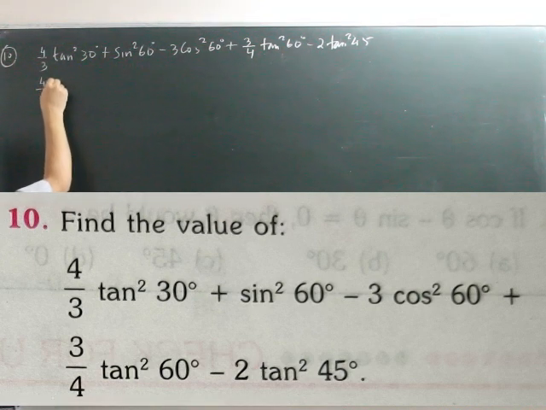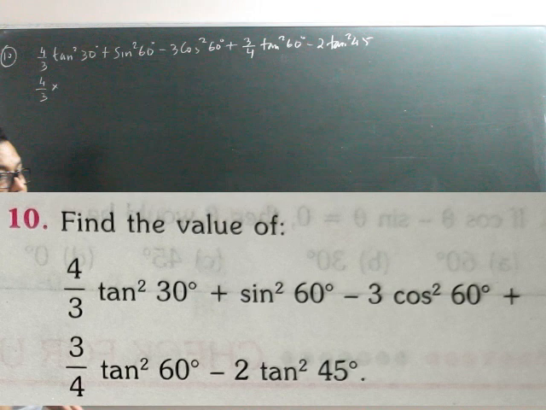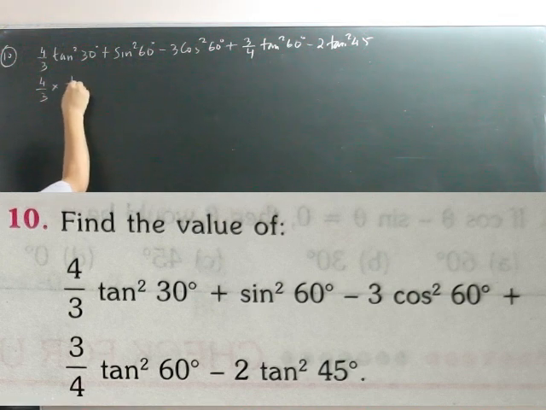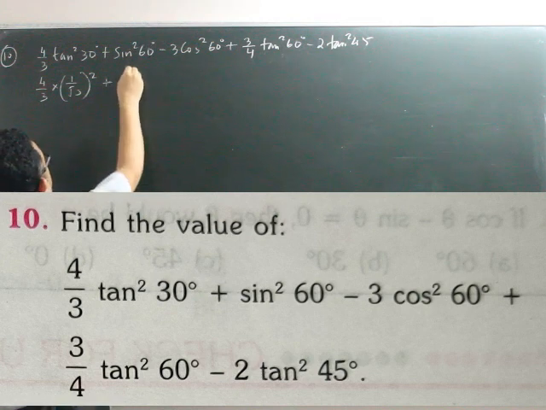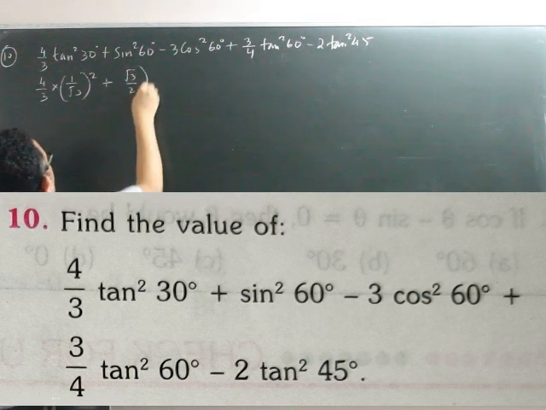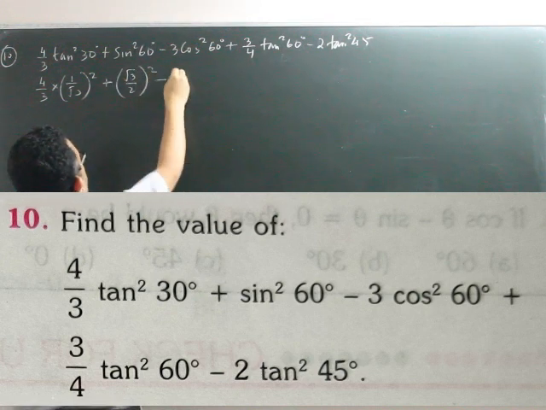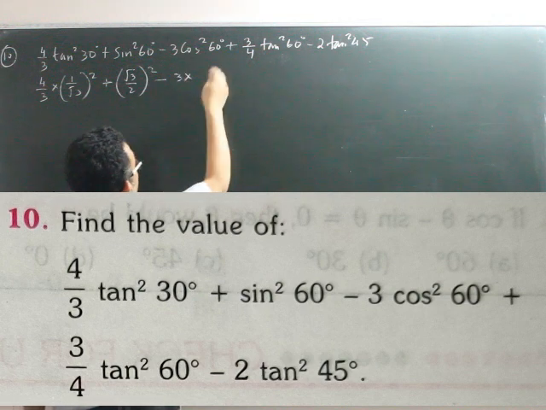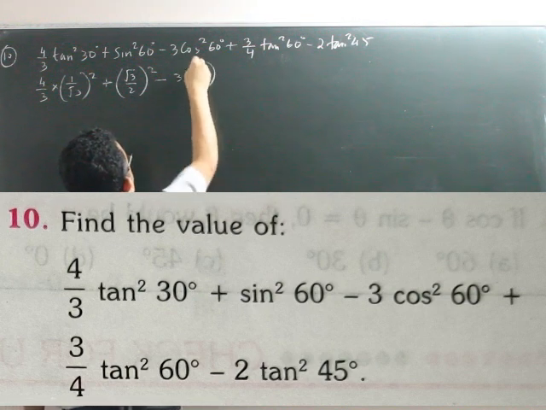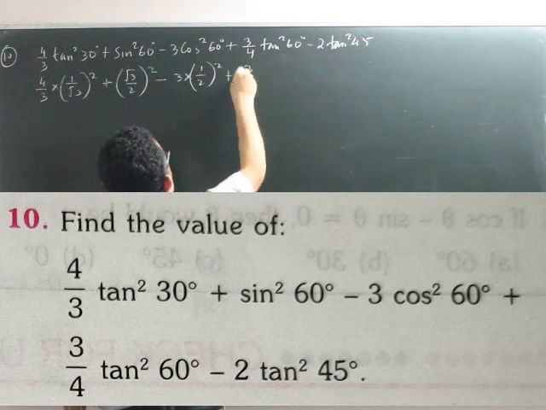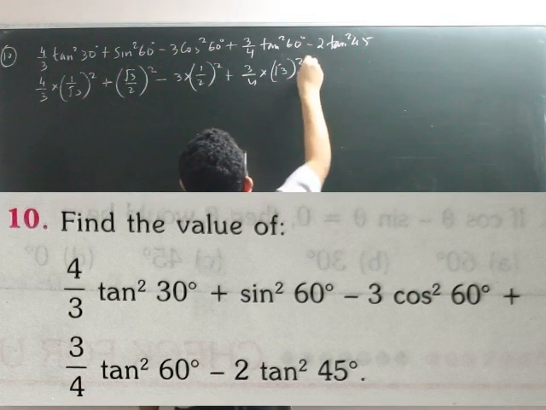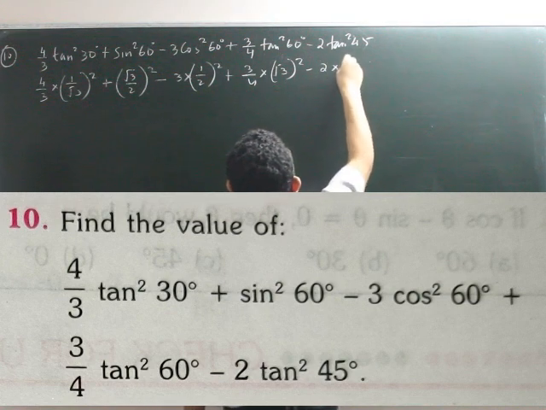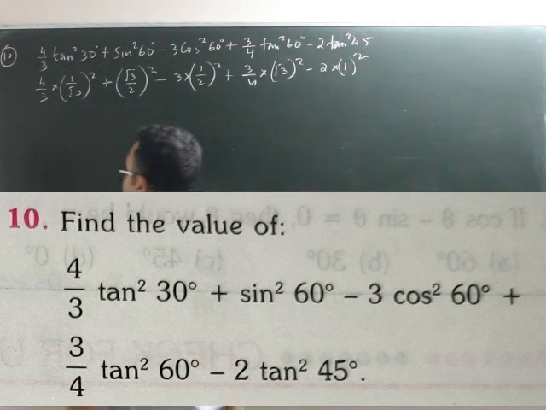This is 4 by 3 into tan 30, tan 30 value is 1 by root 3, squared, plus sin 60, sin 60 is root 3 by 2, whole squared, minus 3 into cos 60, cos 60 value is half, squared. Then plus you have 3 by 4 into tan 60 value is root 3 squared, minus 2 into tan 45 value is 1 squared. Okay, so I will simplify this.